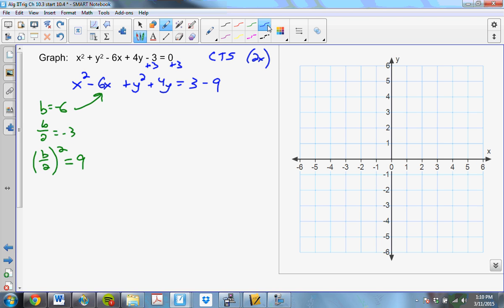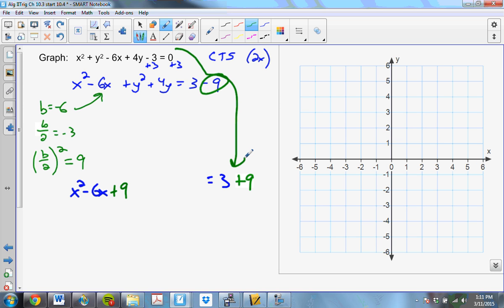So I need to add a 9 here. When I add that 9, I need to add 9 to both sides of the equation. So I add a 9 to one side, and I add a 9 to the other side. That's what this is supposed to be over here.